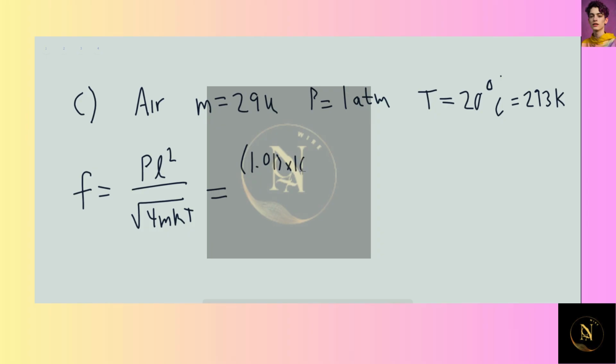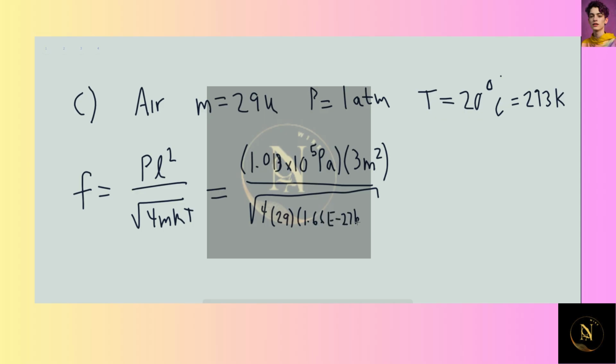1.013 times 10 to the 5 Pascal times 3 meters squared, all over the square root of 4 times 29, mass over proton, 1.66 times 10 to the negative 27 kilograms, Boltzmann constant, 1.38 times 10 to the negative 23 joules per Kelvin, and our temperature in Kelvin, 293.